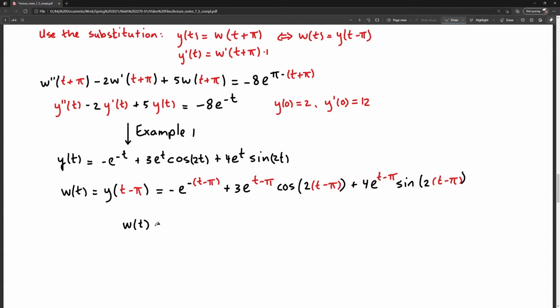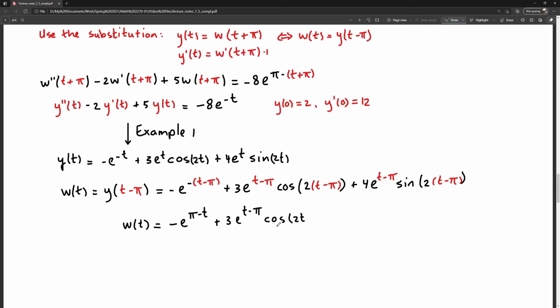So w of t is actually minus e to the power pi minus t. And then here we have plus 3 times e to the power t minus pi. And then when you work this out, when you distribute the 2, you get cosine of 2t minus 2 pi.